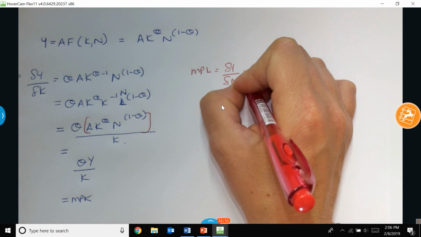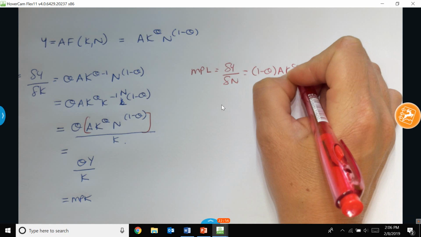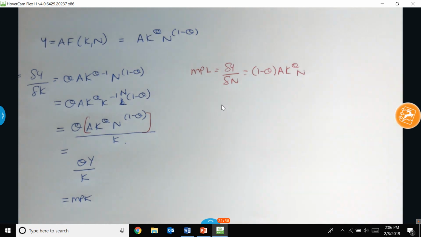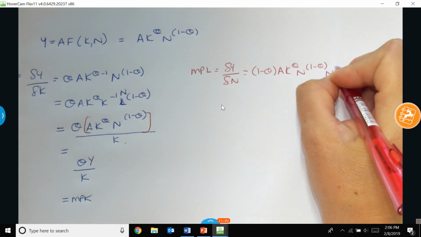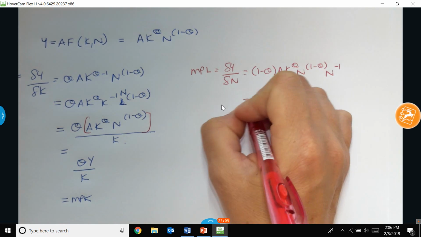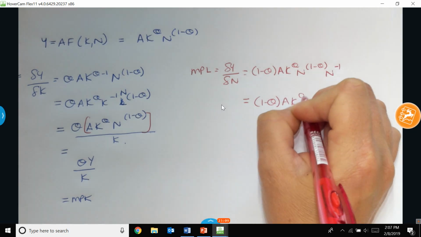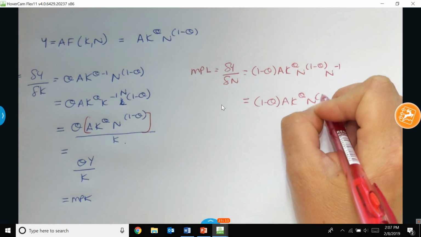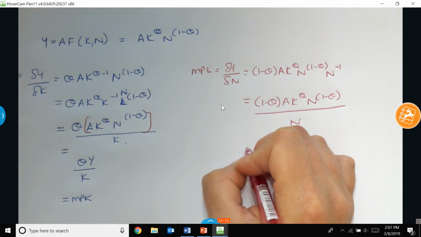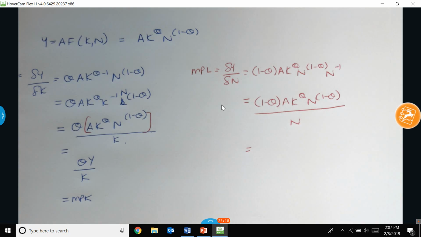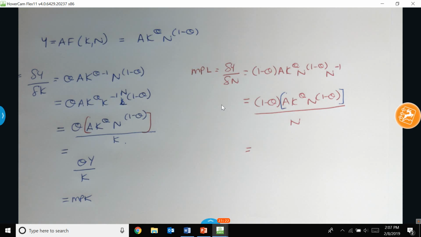That would be 1 minus theta A K^theta N^(1 minus theta) N^(minus 1), which is equal to 1 minus theta A K^theta N^(1 minus theta) all over N. Again, note what happens here: this is the Cobb-Douglas production function.